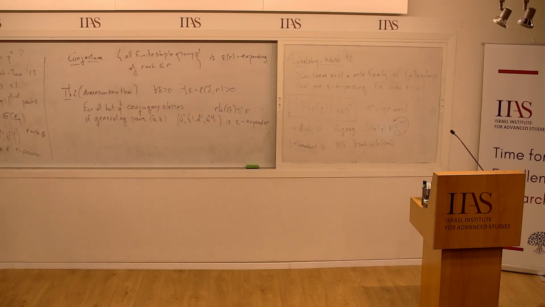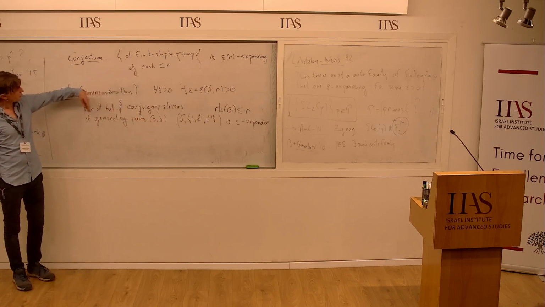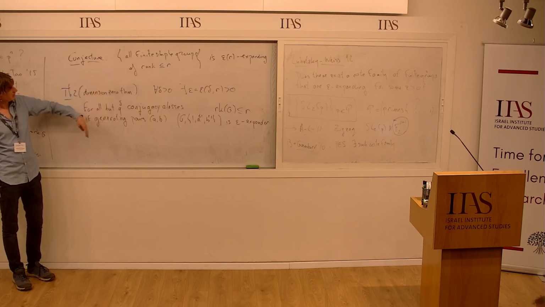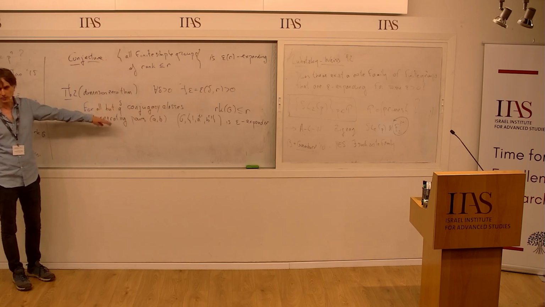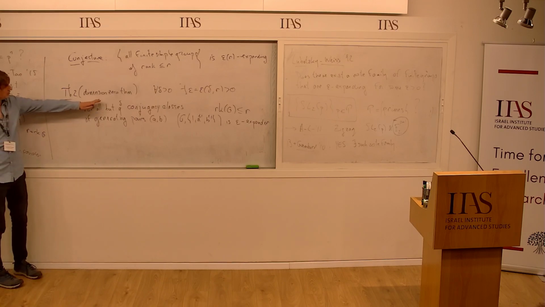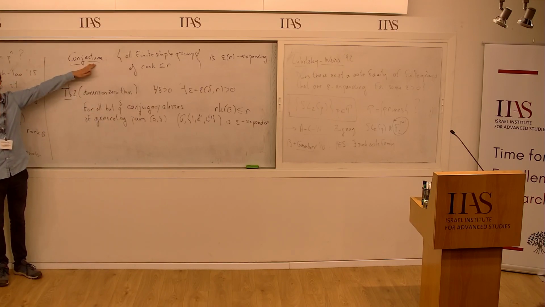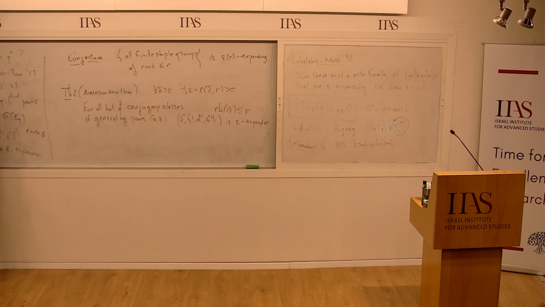So if you have a bad pair, then the full conjugacy class will have size at least Q. That's why we have to count conjugacy classes instead of counting pairs. So this shows that the set of exceptions to this conjecture is very small. It's kind of dimension 0, because you can get at most Q to the delta of such.